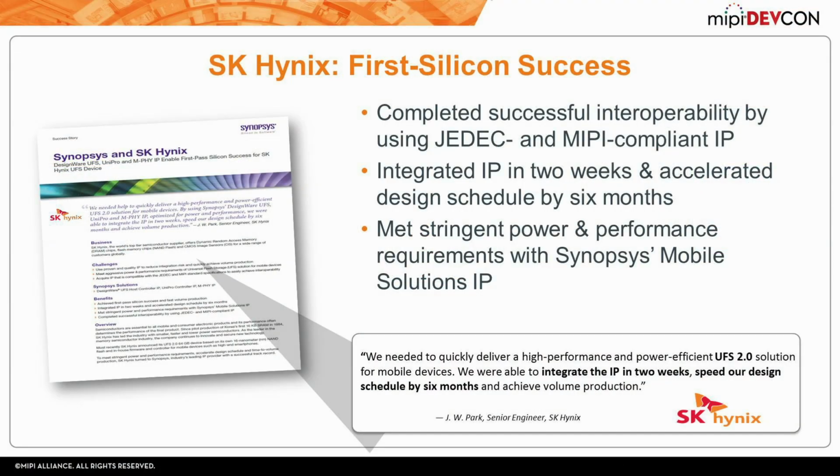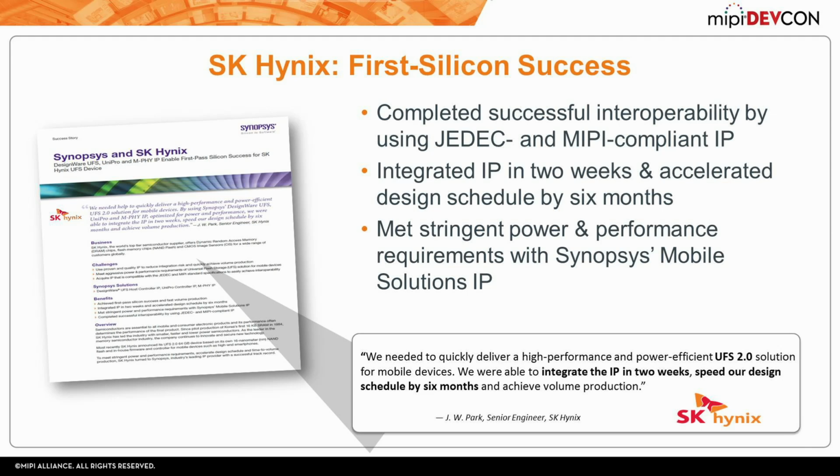This slide is a success story from a major semiconductor company that used the Synopsys solution. SK Hynix had the requirements to use a proven and quality solution to reduce risk, quickly achieve volume production, meet aggressive power and performance requirements for a UFS solution, and use a solution compatible with JEDEC and MIPI standards to easily achieve interoperability.